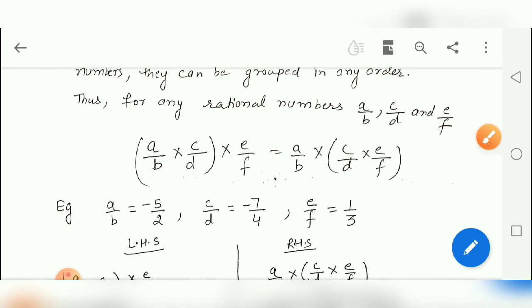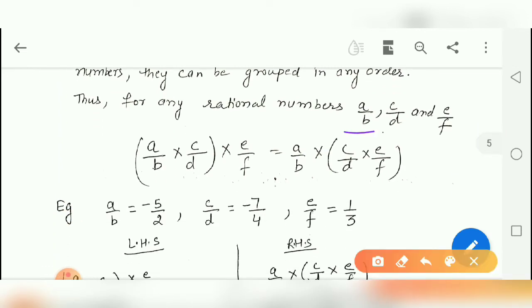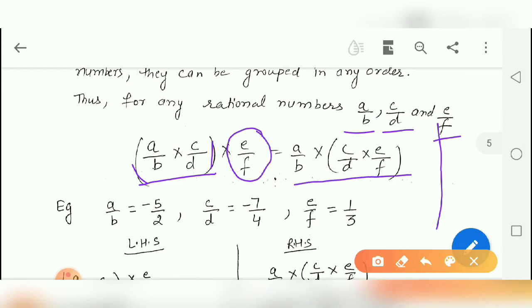Now I have three rational numbers a upon b, c upon d and e upon f. On the left hand side, a upon b into c upon d is first grouped and multiplied by the third number, and on the right hand side I have grouped c upon d and e upon f in a bracket.